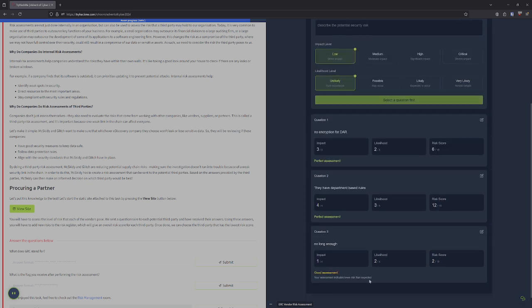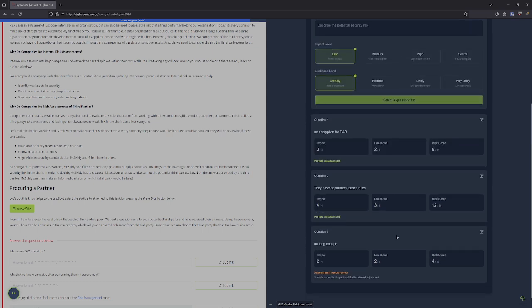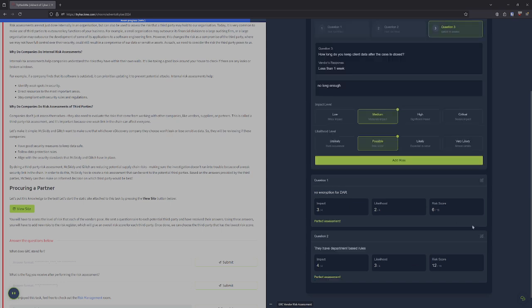Good assessment indicates lower risk than expected. Score is correct, but impact and likelihood need adjustment. So the number that I'm getting, 4, is correct. So one of these needs to go higher and the other one needs to go lower.